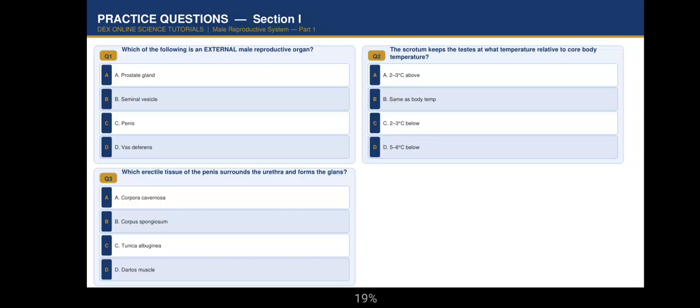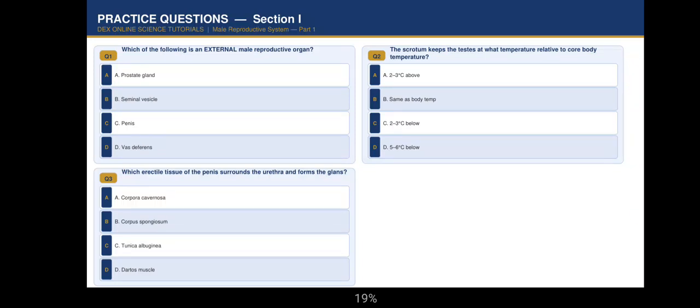Number three: which erectile tissue of the penis surrounds the urethra and forms the glans? A, corpora cavernosa; B, corpus spongiosum; C, tunica albuginea; and D, dartos muscle.